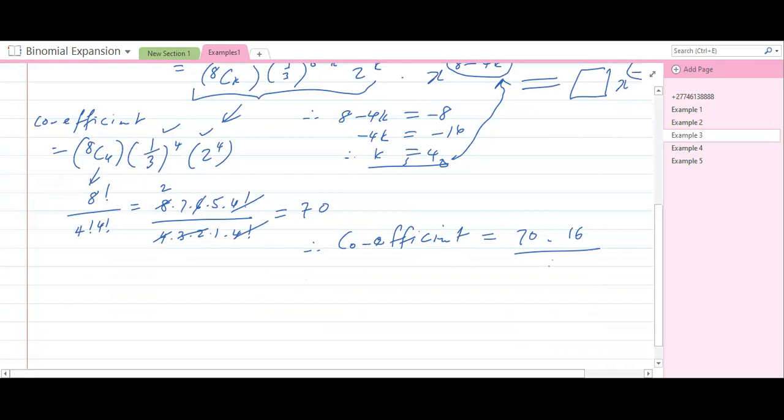Now, it's the coefficient of what? It's the coefficient of x to the power negative 8. That's all we needed to determine.